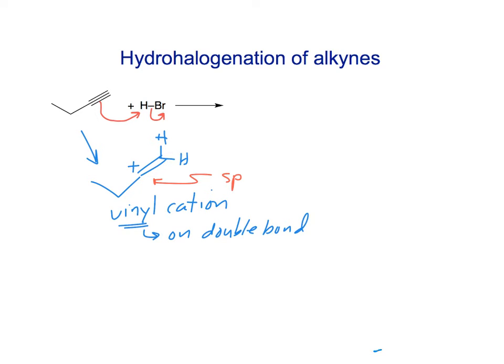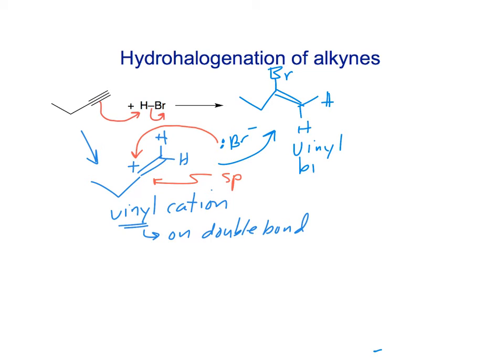This reaction can continue. That cation can then react with bromide, just like we saw with alkenes, to finish our first addition step. So this would have two H's here. This is called a vinyl bromide.